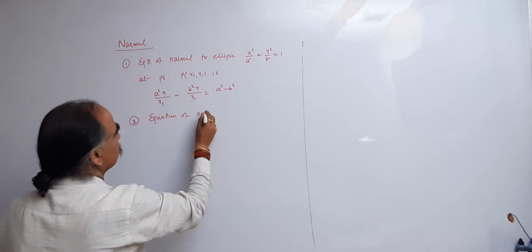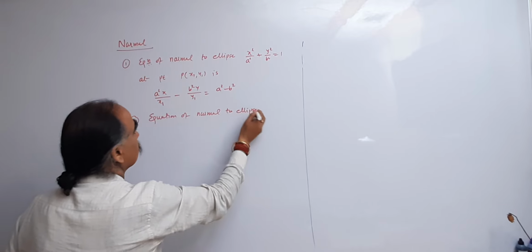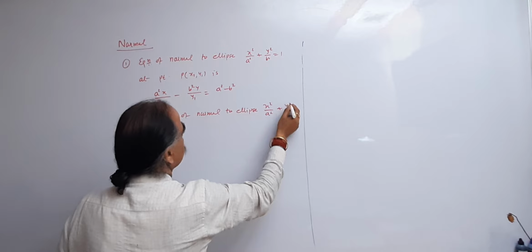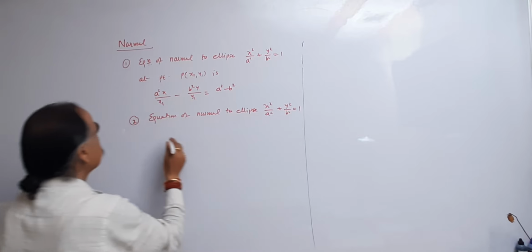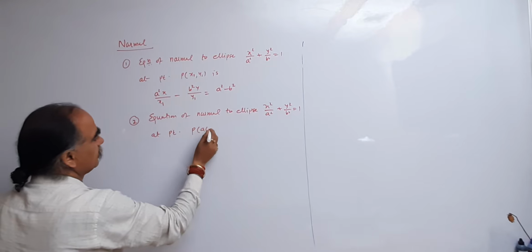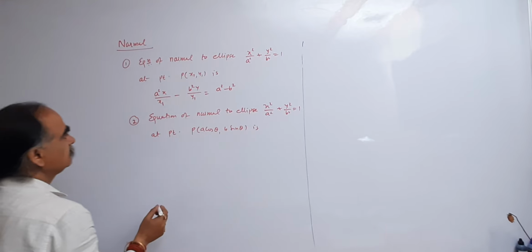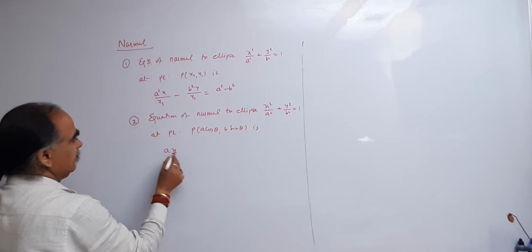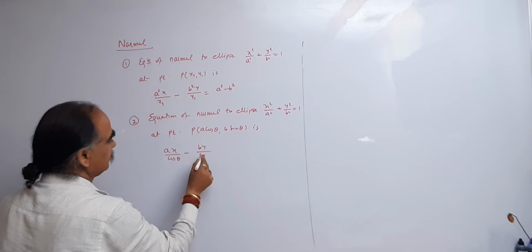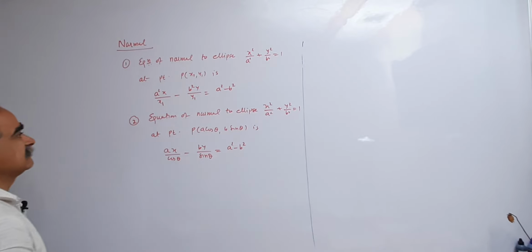Equation of normal at point P(a cos theta, b sin theta) is ax upon cos theta minus by upon sin theta is equal to a square minus b square.